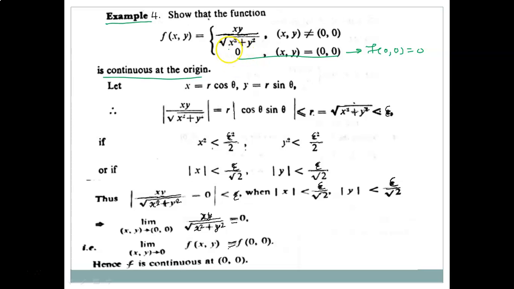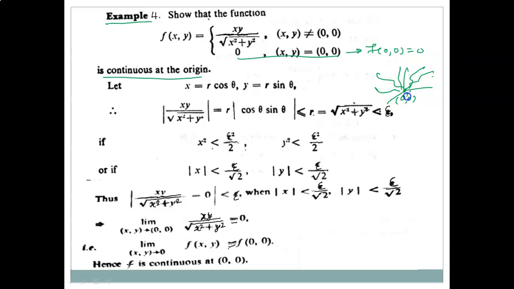So it will look like it is a continuous function. If we take y equal to x², x equal to y², etc., every time you are getting 0. But we have to prove the continuity in general, because, as I told you in our earlier lecture, you can approach the origin through an infinite number of paths like this, like this.